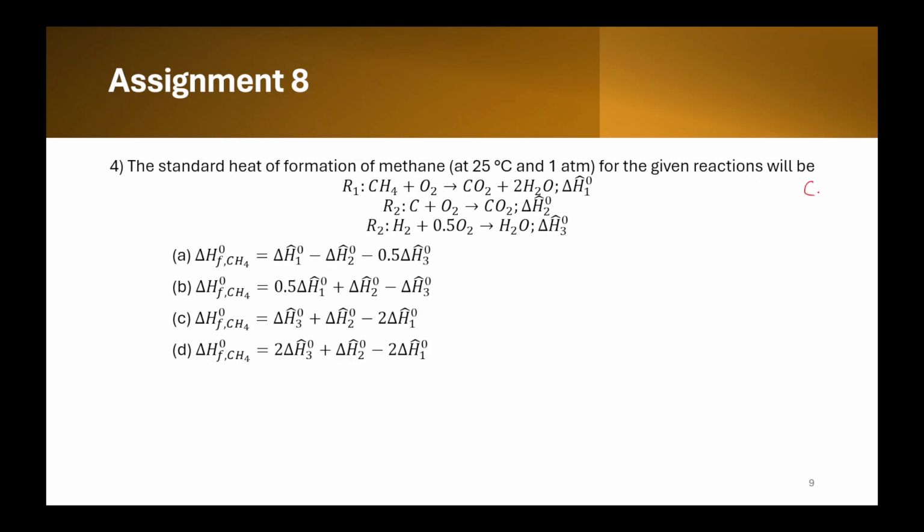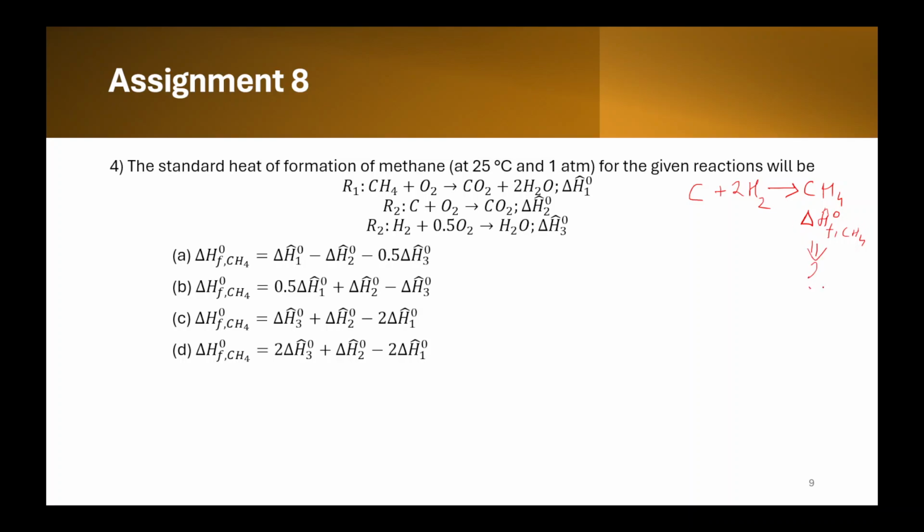So methane is the product here, from its elemental components: C will be only C here, and H4, so twice H2. The delta HF of CH4 at standard and specific is unknown.